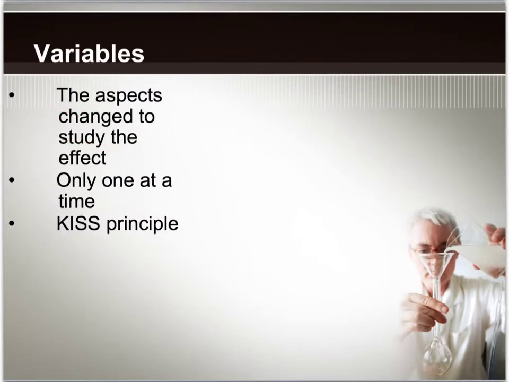Alright, just to revisit it, the variables are the aspects that are changed to study the effect. Now this can include really the entire spectrum of things that might be studied.